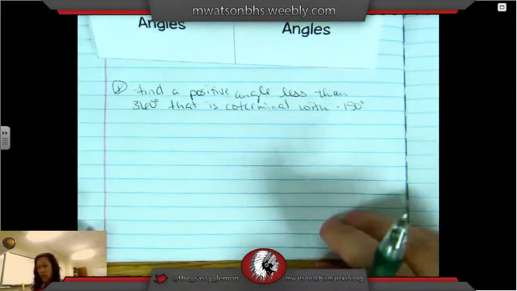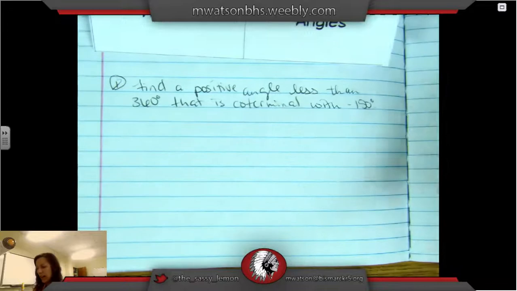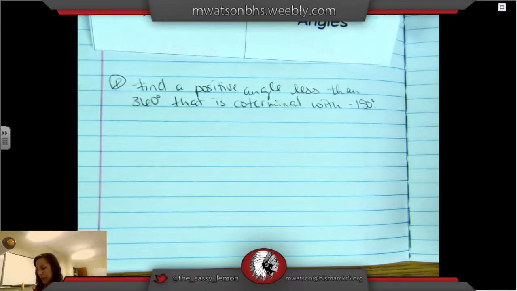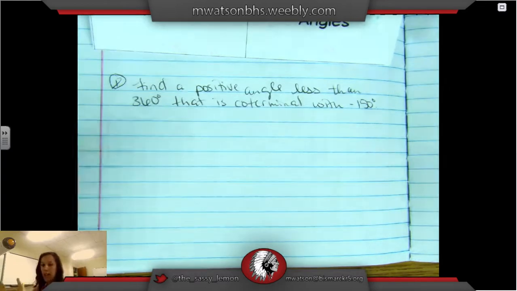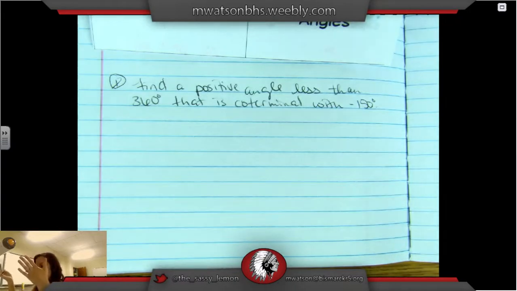Okay, so how do we do that? We talked about coterminal angles, but how do we actually solve this problem? I mean, going from learning something to applying it is difficult sometimes. So find a positive angle, all right? So it can have a negative in front of it. Less than 360 degrees that is coterminal with negative 150 degrees.